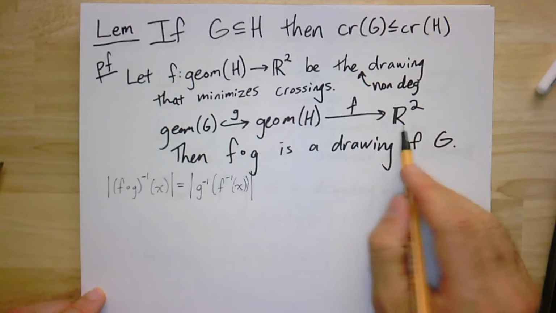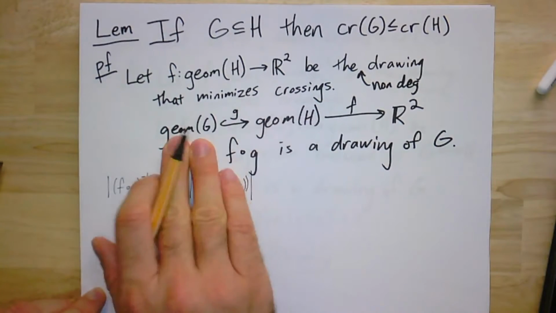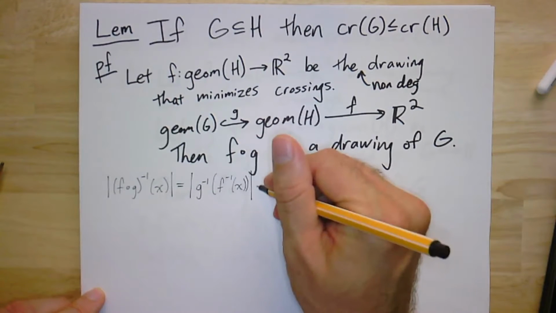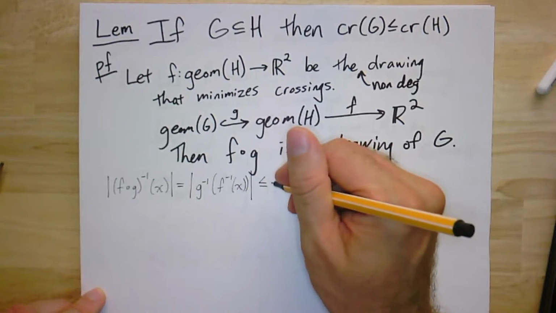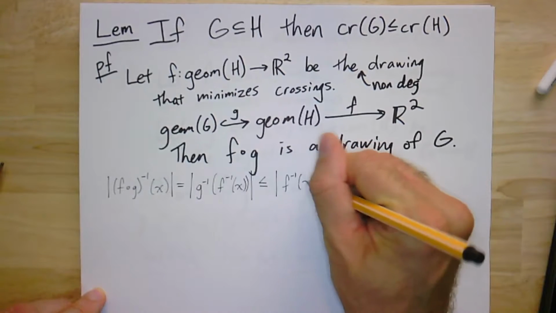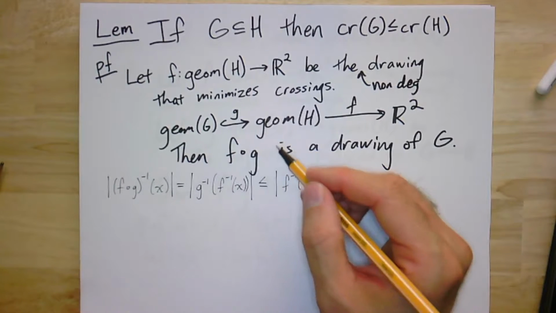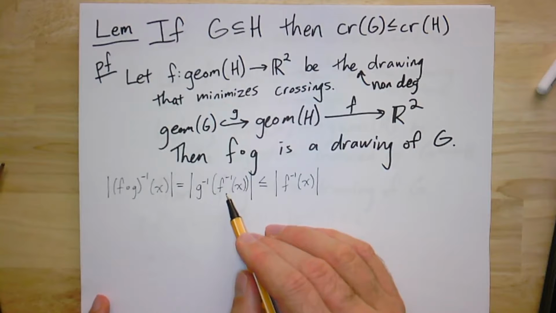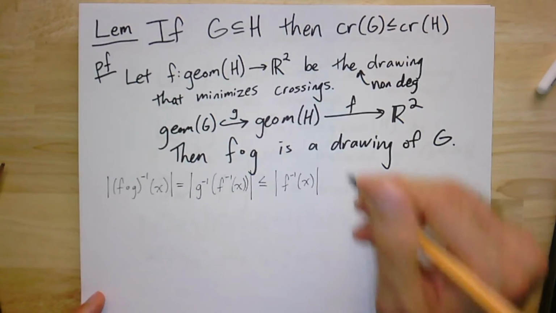Right, because I took a point here, x, I took its pre-image, which was a set of points here, and I took the pre-image of this set to get a subset over here. And this then must be less than or equal to the size of the pre-image of x. And the reason is simply that this map is injective. And so if you have an injective map, the size of the pre-image is less than or equal to the set you're taking the pre-image of.